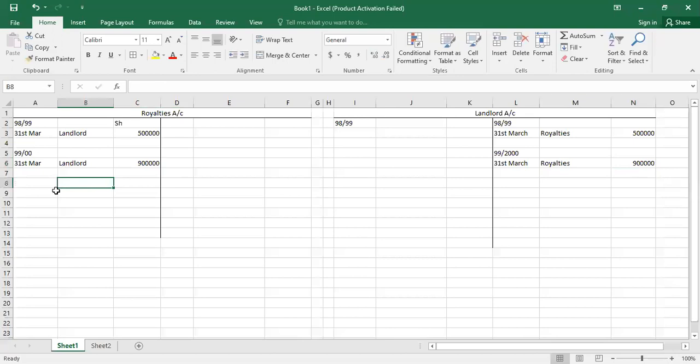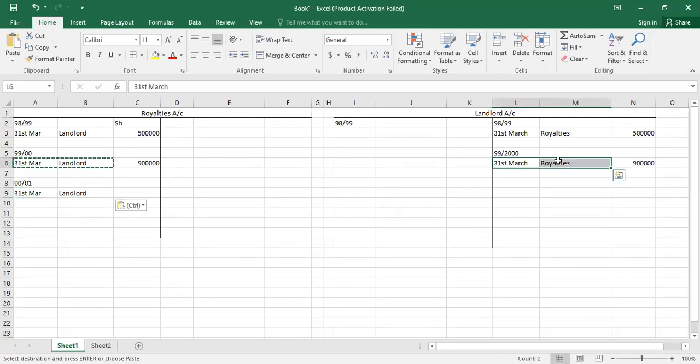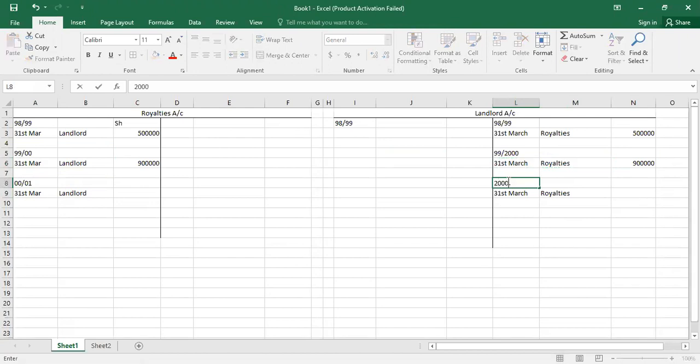Then in the subsequent year, year 3, this will be 2000, 2001. The royalties for this year were for 900 tons.